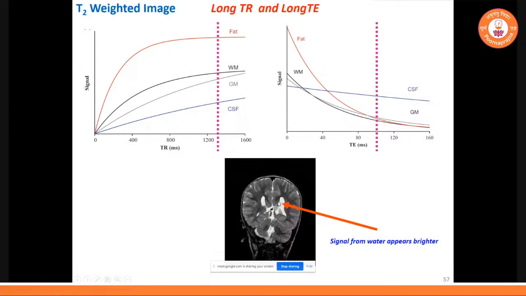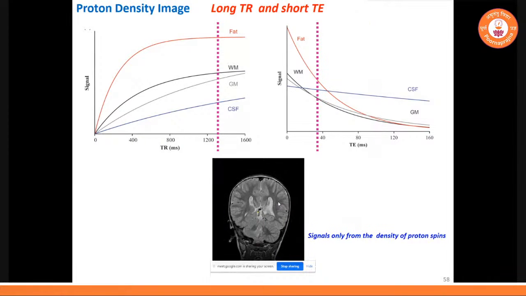Now, if you don't want dependence on T1 and T2, and you want only the signal from proton density alone in the region of interest, for that you have to keep a longer TR period and a shorter TE period. What it means is, of course, with longer TR both signals will come to equilibrium. And with shorter TE, both signals will be there from water as well as fat.